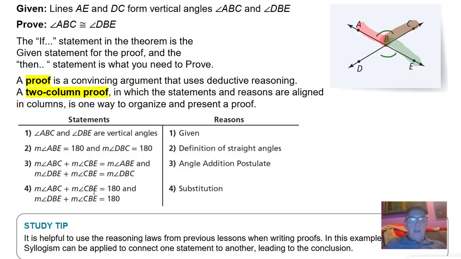So ABC and CBE add up to be ABE, but ABE is 180, so 180 got substituted in. Same thing for DBE and CBE. Together they add up to be DBE by the angle addition postulate, but they're also equal to 180 degrees from step 2, so the 180 got substituted in.